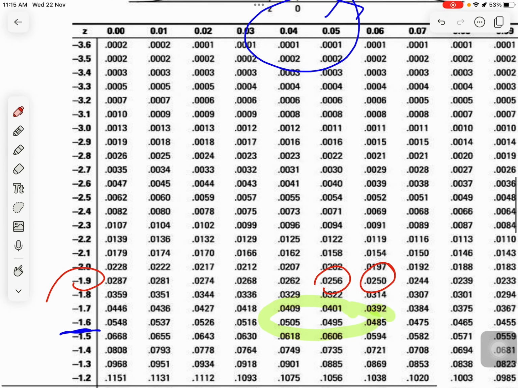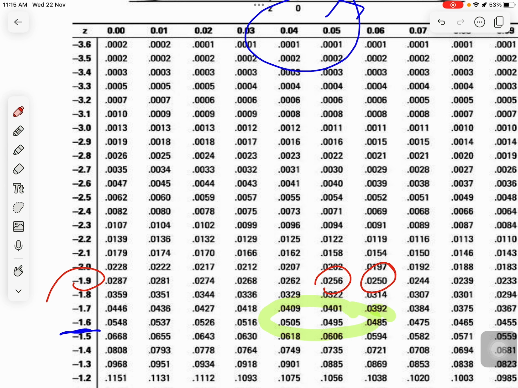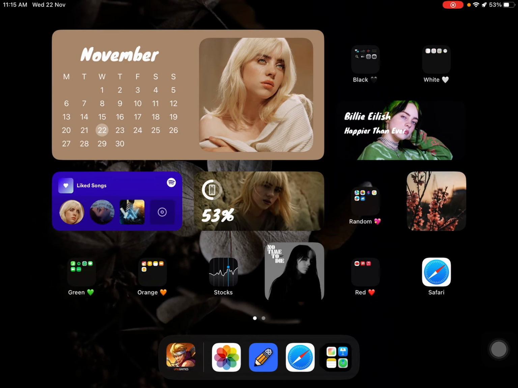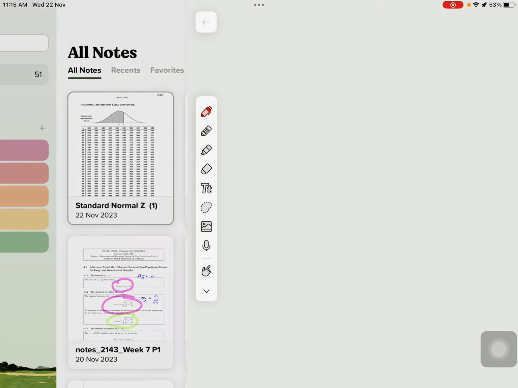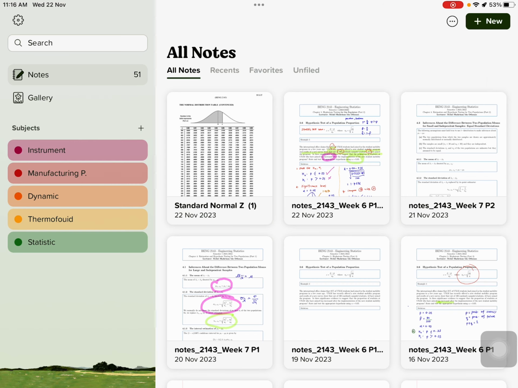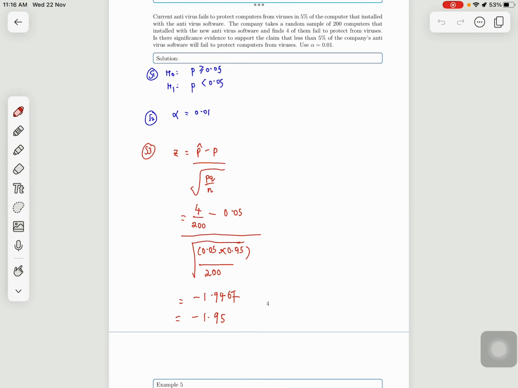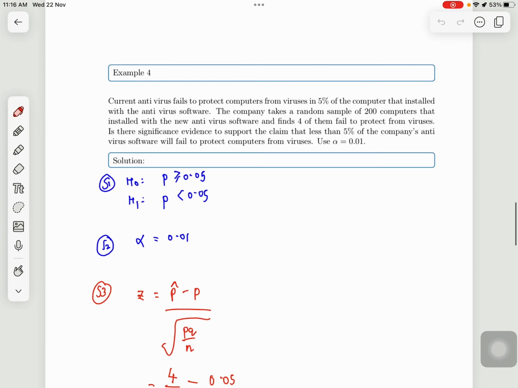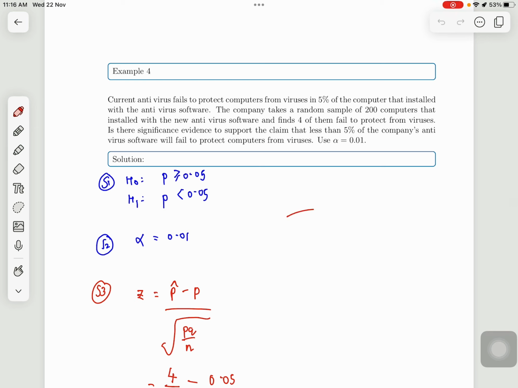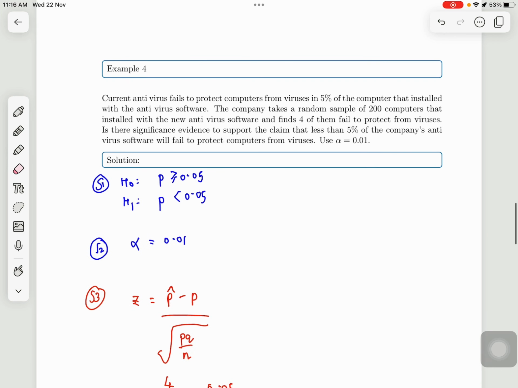Okay, 0.0250. So we refer to this note. As usual, we draw. Sorry, let's finish quickly. Okay, I draw.